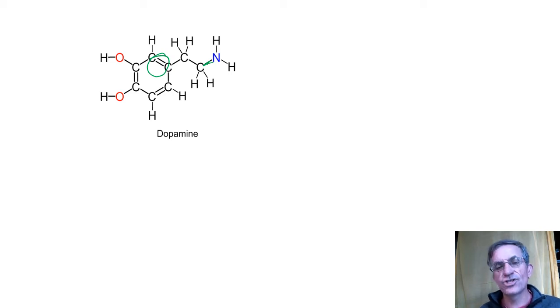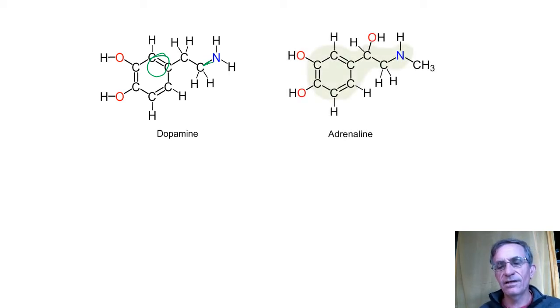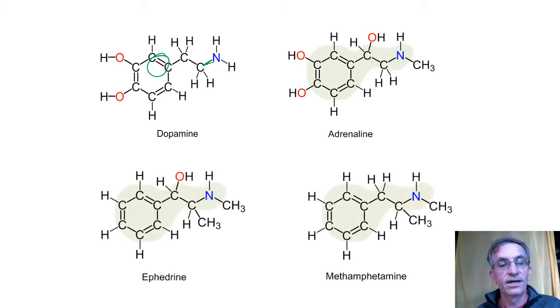But if you look at its shape, the way it's put together, it has a lot in common with other molecules which people might take, which are also stimulants. Dopamine is the stimulant that's naturally in your body, but it has a similar shape to ephedrine, which is sometimes found in cold medicine, and to one you're not supposed to be taking, methamphetamine, meth. They all have similar shapes, and they lead to similar responses in your body.